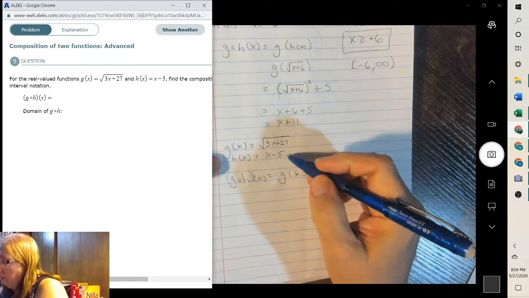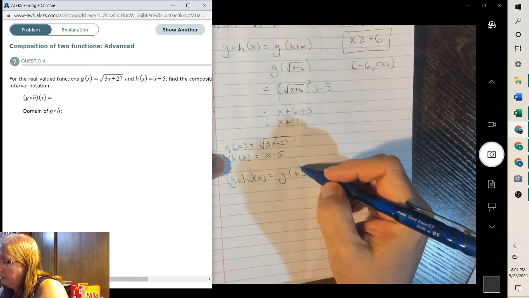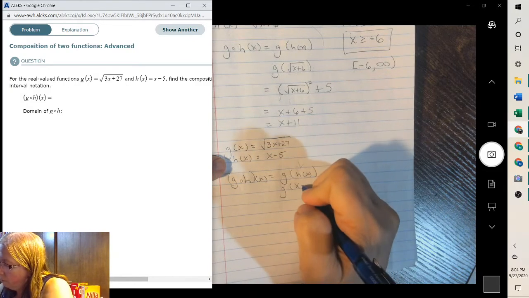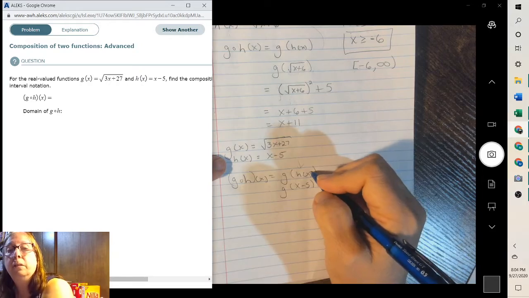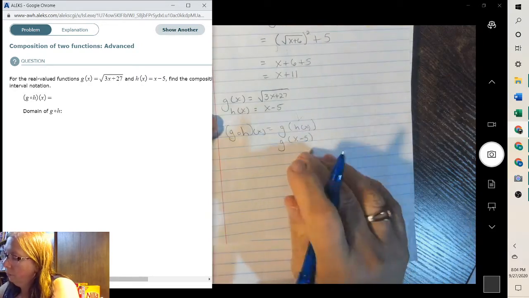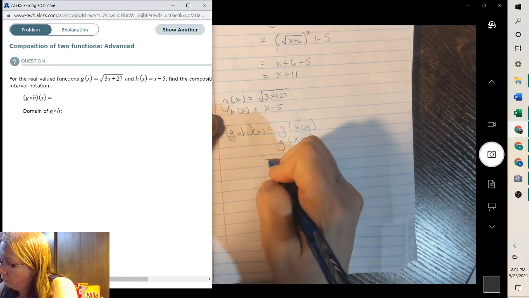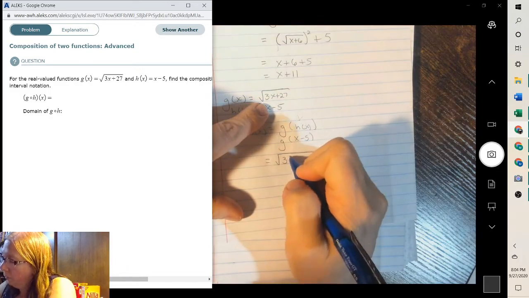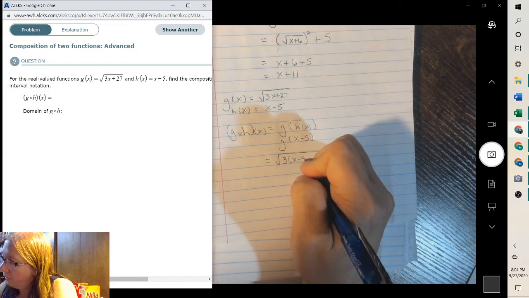So that means that h of x is this. We're plugging this in, and we get x minus 5, because that's what h of x is. And we take that and plug it into the other function. So in place of x, I'm putting x minus 5.